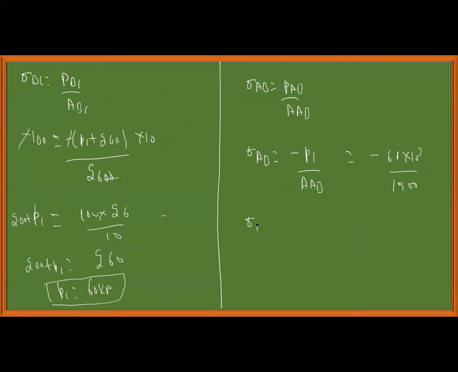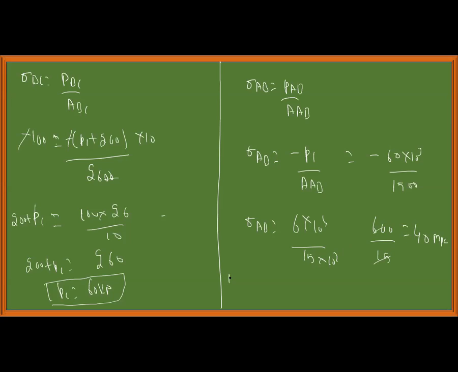Can you tell me the permissible sigma AB now? Sigma AB is 60 into 10 power 3 by 1500. Can I write 6 into 10 power 4 by 15 into 10 power 2, or 600 by 15, which is 40 MPa.